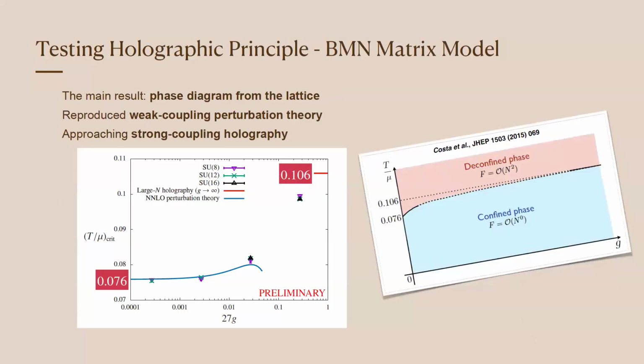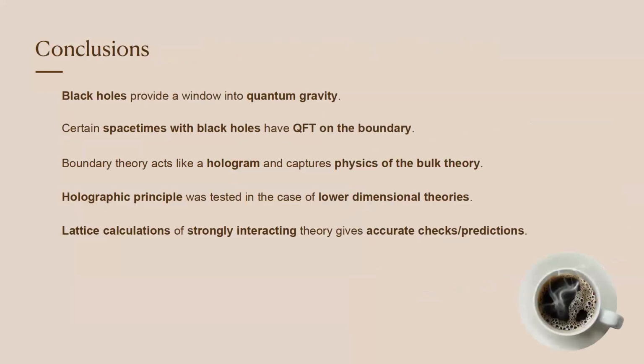Okay, so I guess that's all. I showed you validations of two different models, which reproduce the result from string theory or the gravity side. So black holes provide a window into quantum gravity. So certain spacetimes with black holes have QFT at the boundary. Not all spacetimes, certain spacetimes. The boundary theory acts like a hologram that captures the physics of the bulk. The holographic principle was tested in lower dimensional theories.